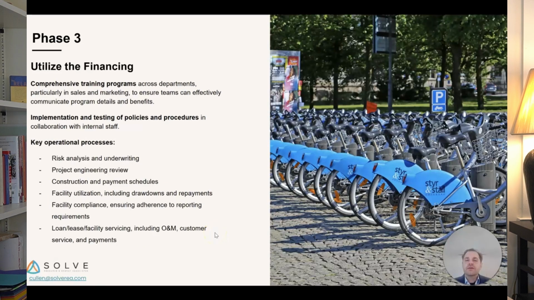Now, to phase 3 of the process for setting up a project finance facility or getting yourself set up with financing. As I mentioned, this step is often overlooked because people get an idea for a financing program, put the concepts together, find a capital provider, work with them, secure a deal, only to find that they haven't invested enough time in educating the sales and marketing department or the operations department or the construction department around what's required to make this facility work.